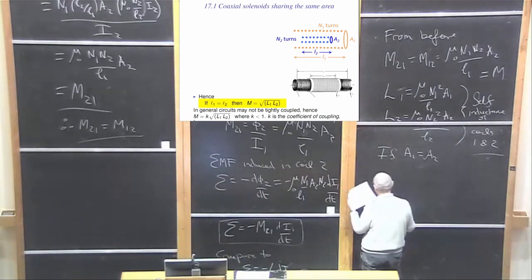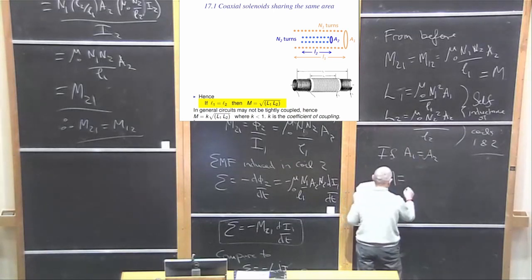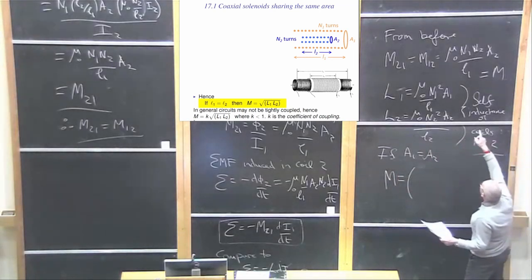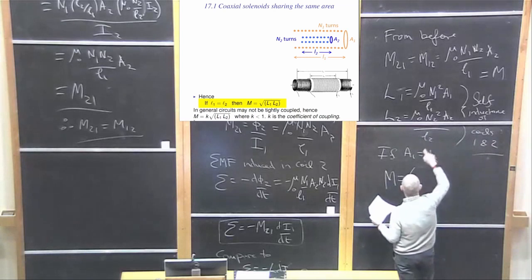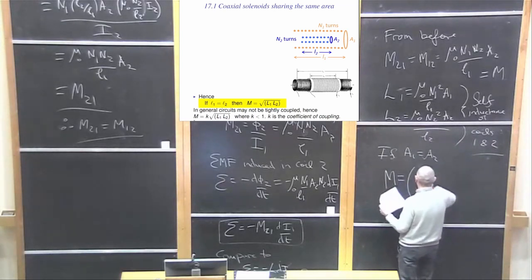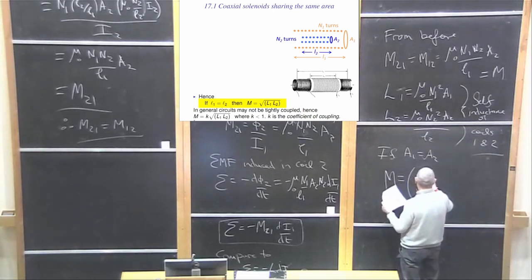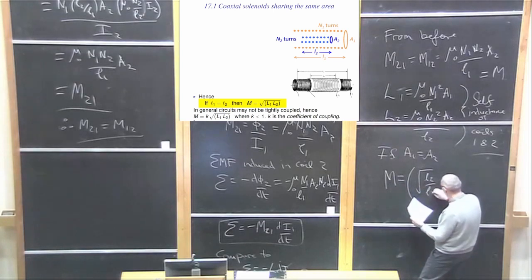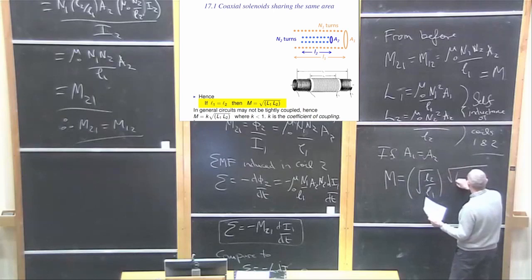So the mutual inductance is then equal, with a bit of jiggery-pokery, there's the formula for the mutual inductance, here are the formulas for the self-inductance, and if I set A1 equal to A2, then I get the square root of L2 over L1 times the square root of L1 L2.